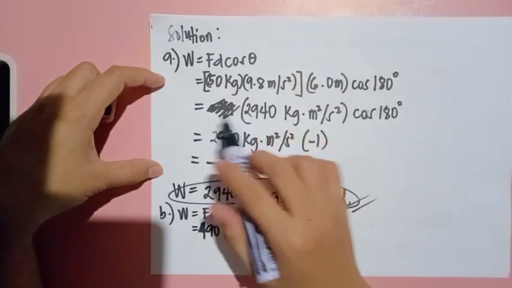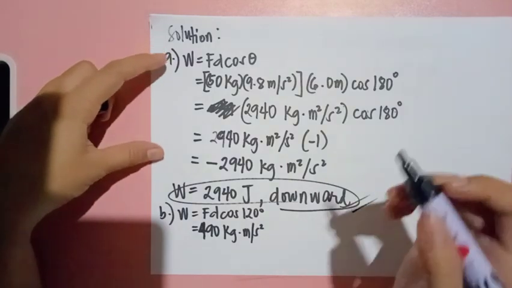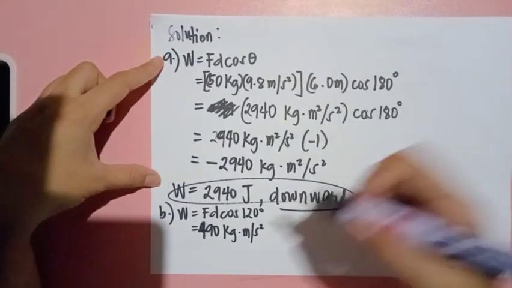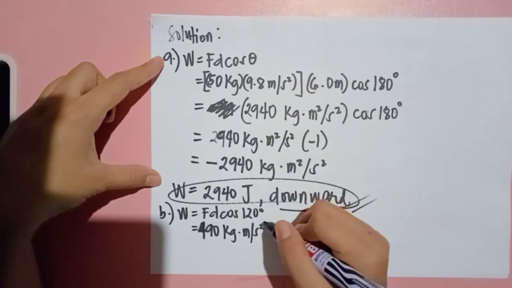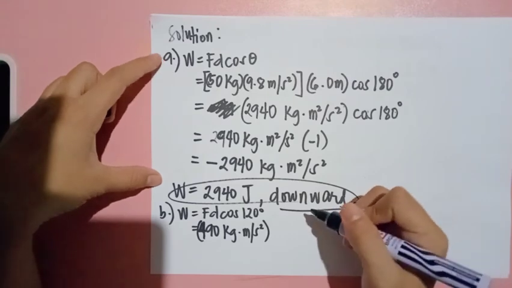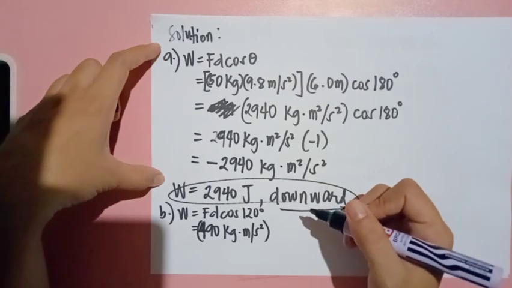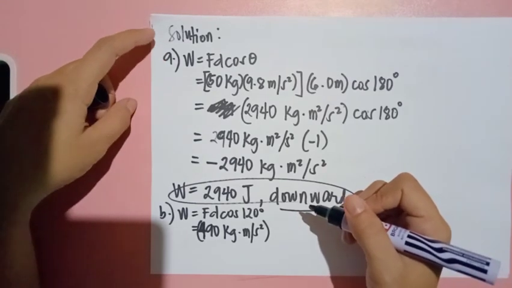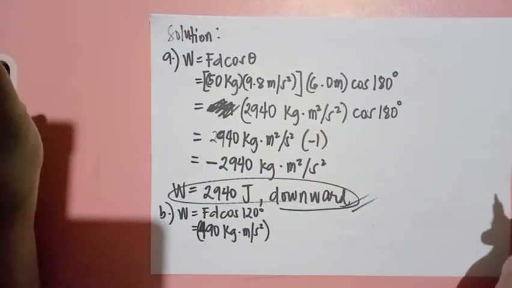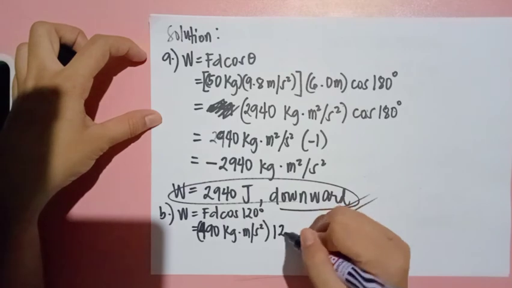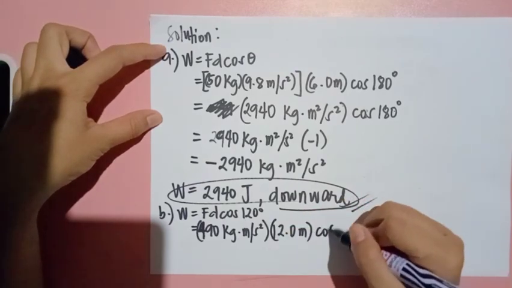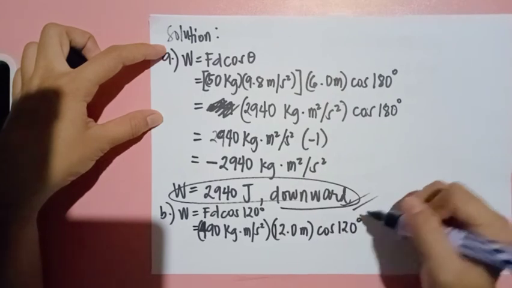Same here, since what's given is only the mass, so it's the same process to get F. And then the displacement is the length of the ladder, which is 12 meters, then cosine 120.